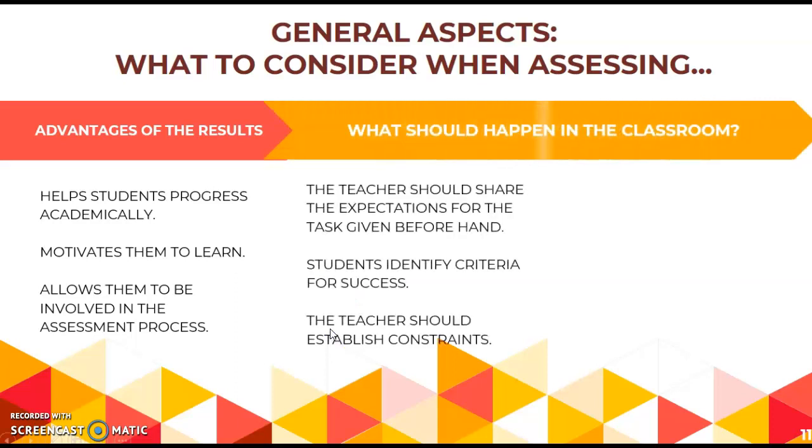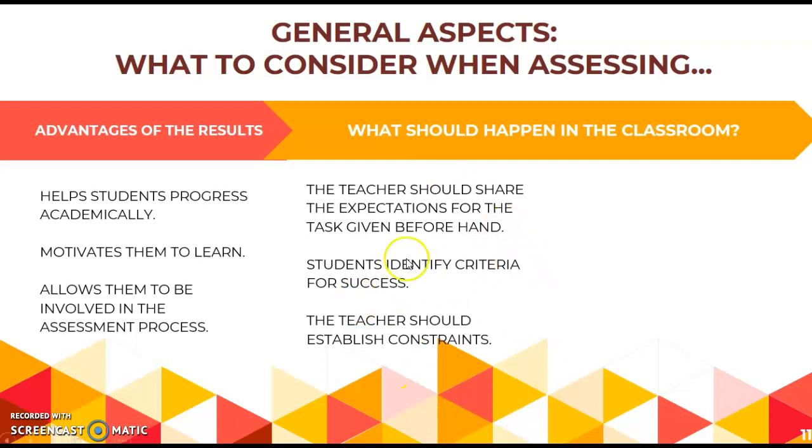So some of the things that should happen in the classroom when we are assessing is that, as I said before, the teacher should always share the expectations with students beforehand, before giving them a specific activity or before an exam. We have to share the criteria by which they are going to be assessed.